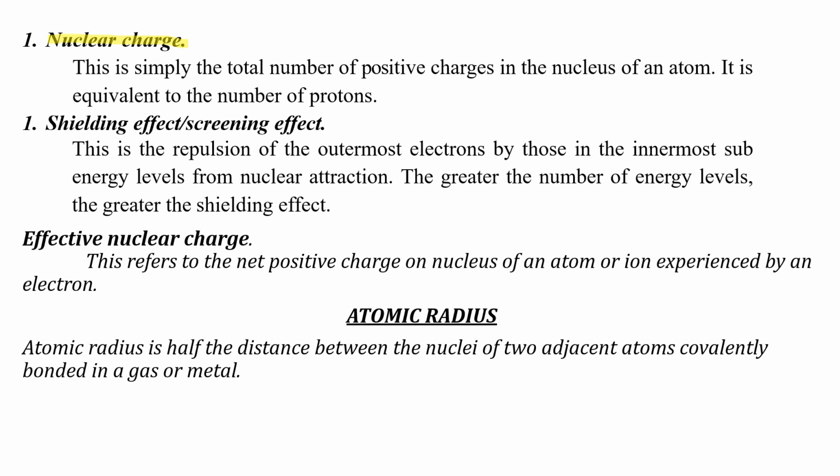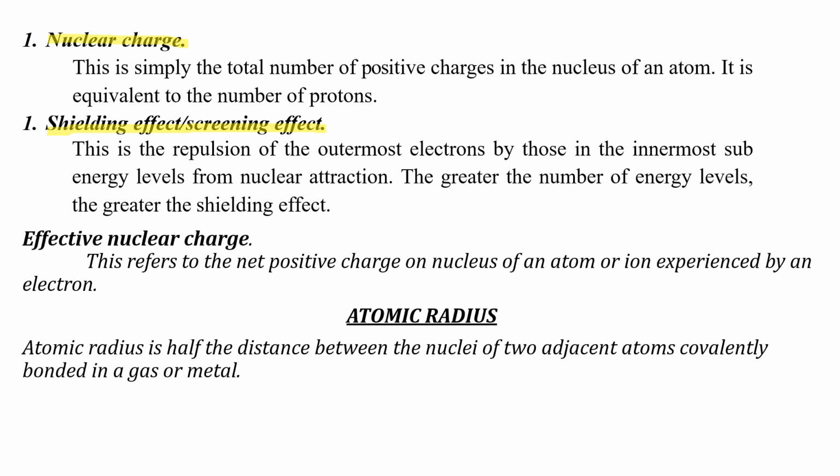Like as I explained screening effect. I've just previously explained screening effect using a sketch in the previous slide. This is the repulsion of the outermost electrons by those in the innermost sub-energy levels from nuclear attraction. And you have said that the greater the number of energy levels, the greater the shielding or screening effect.